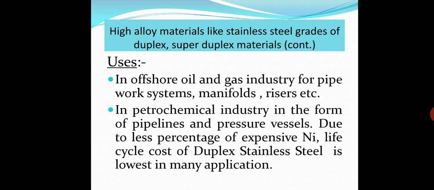One is corrosion resistance and another is high strength. And one advantage, it contains a lower percentage of nickel. Because of the cost of nickel, as it uses less nickel, its cost will be less compared to other materials which can render the service in these applications.